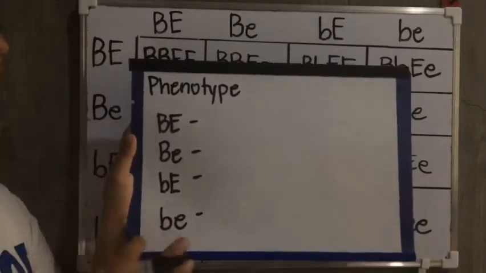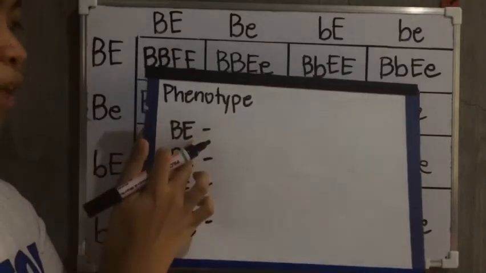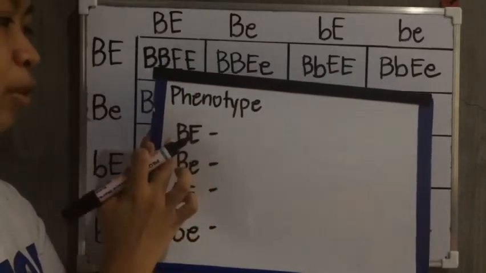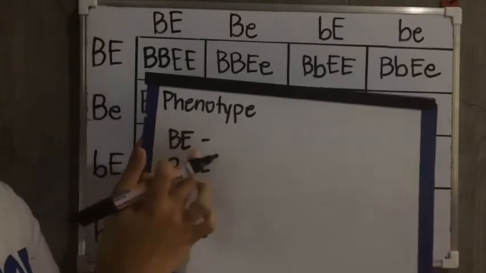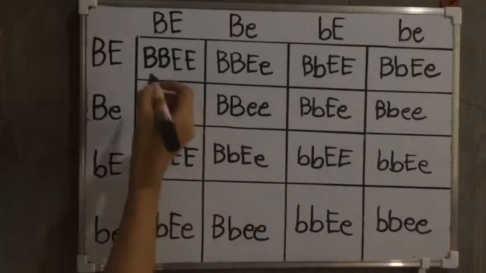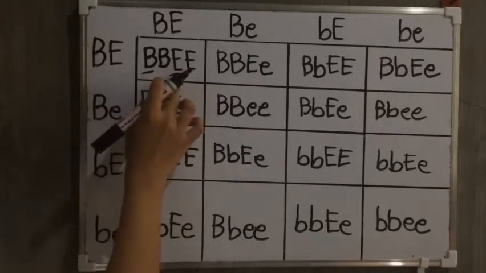So for the phenotype, we have the first one for black hair and brown eyes. So we're going to look for both dominant, yung umpisa, black hair and brown eyes. So we have here 1, ito yon, black hair and brown eyes.